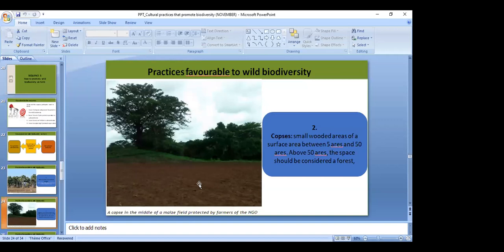But if you are moving towards practicing a kind of favorable wild biodiversity, we encourage that we do our cultivations while leaving these trees around, where we have small wooded areas. They are small wooded areas, not a thick bush, but you can see the trees around. We encourage that you leave them and you can do your cultivation right outside it.